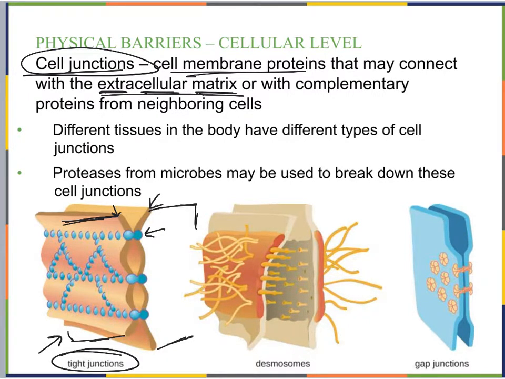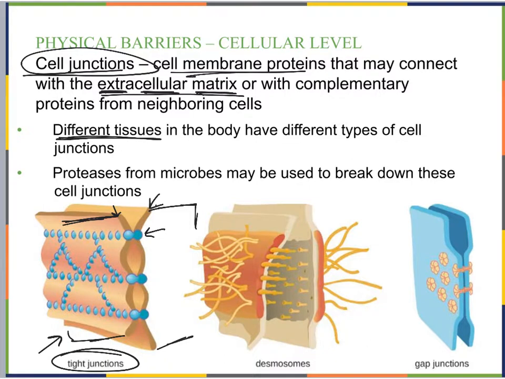If we're talking about connective tissue specifically, connective tissue is made up of different types of cells, but also different types of fibers and other things. That would make up the extracellular matrix. And so some cells are going to be attached to that extracellular matrix, or they'll be connected to other cells, with complementary proteins from neighboring cells.